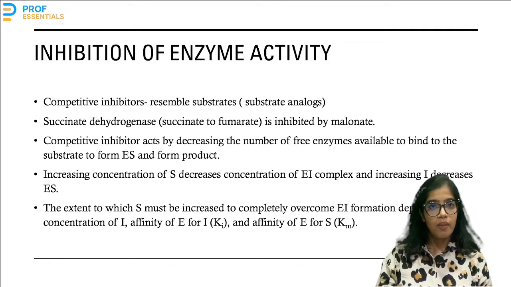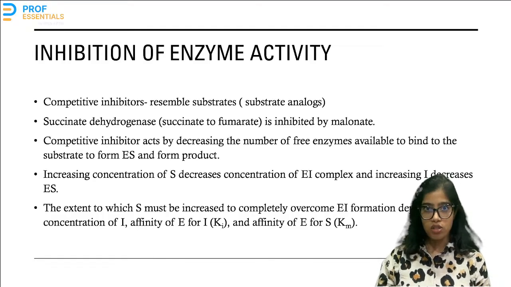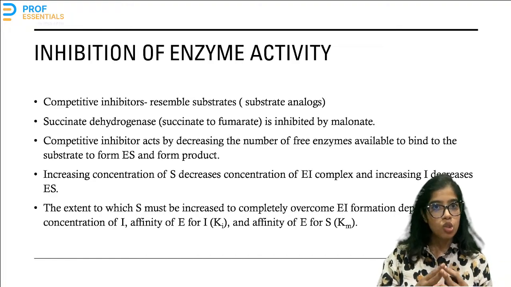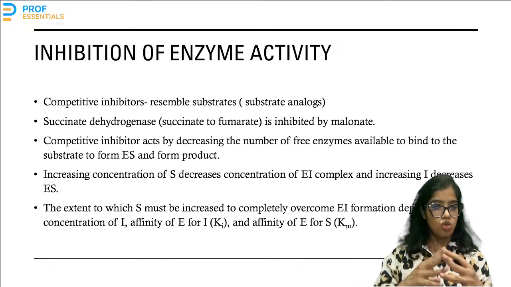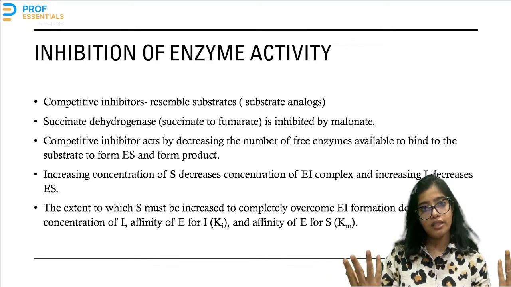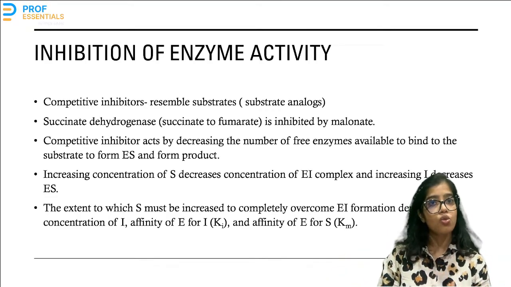Now, in the last session, we read about transition state analogs. These are compounds that are structurally similar to the transition state intermediate. If you introduce them in the environment, they falsely signal the enzyme that so many transition state intermediates have been formed, and the reaction is going to slow down or get inhibited.